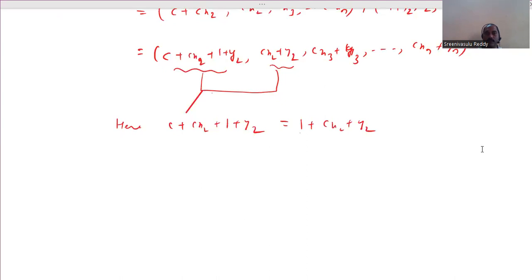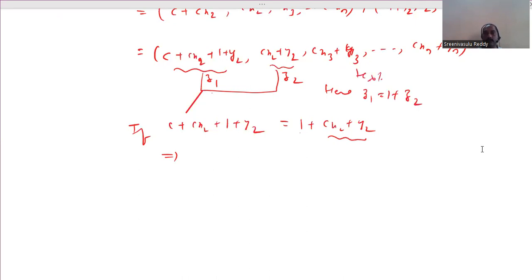Suppose this vector is z1, z2, and it belongs to W, then z1 equals 1 plus z2.